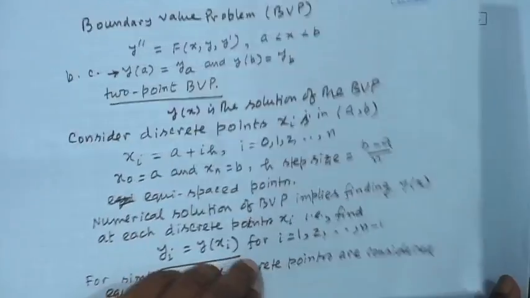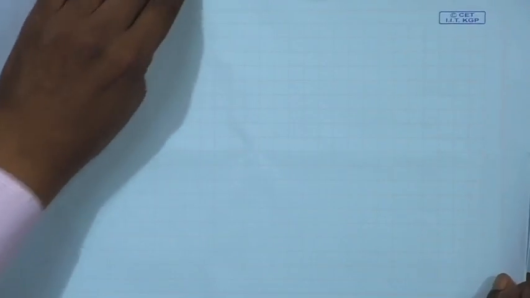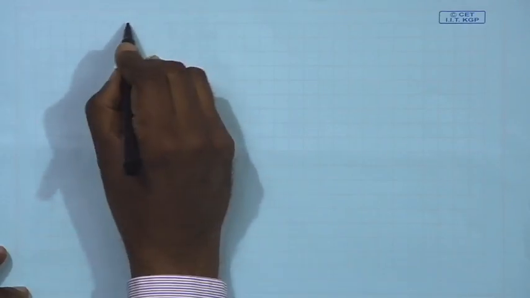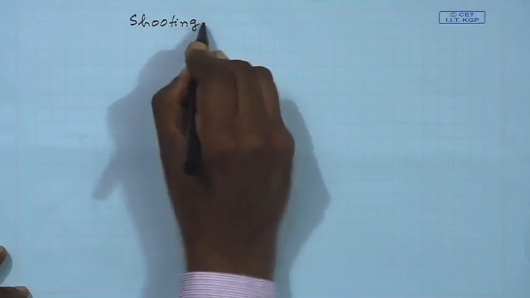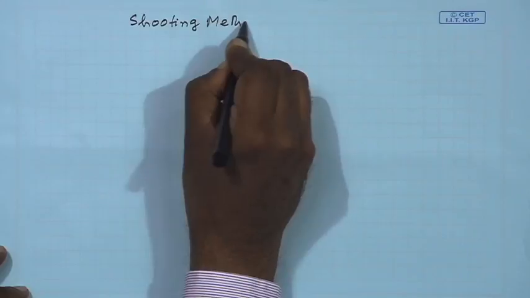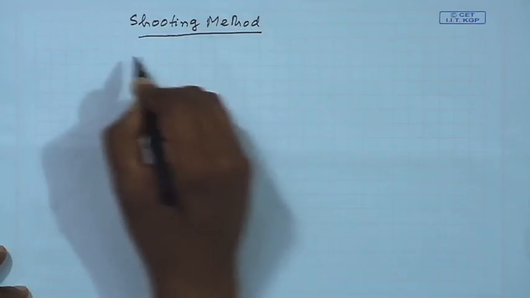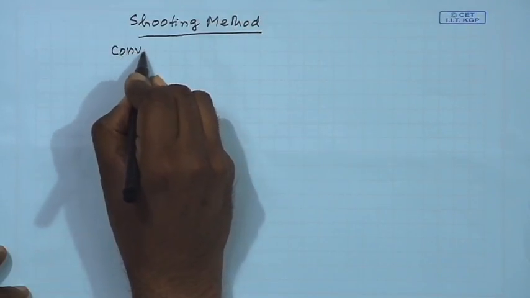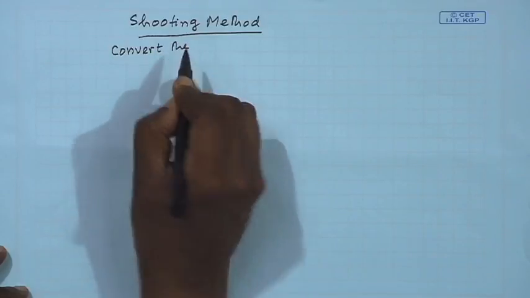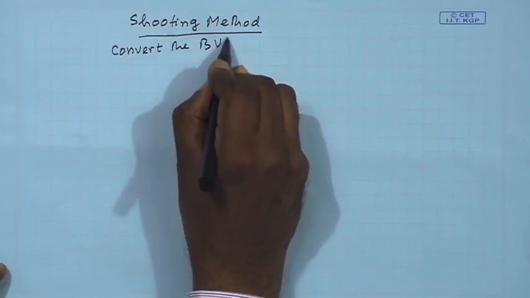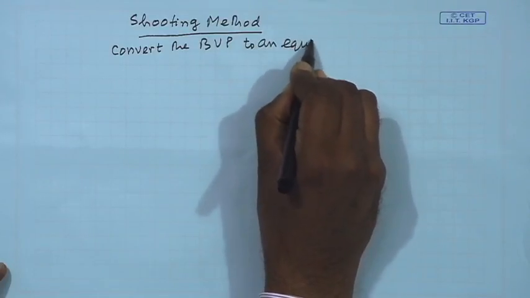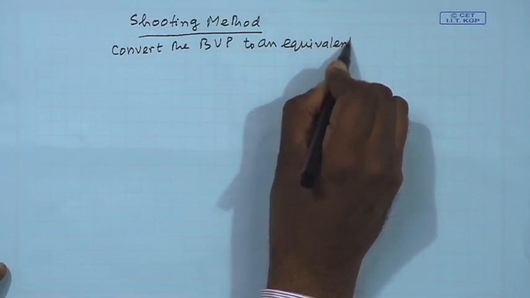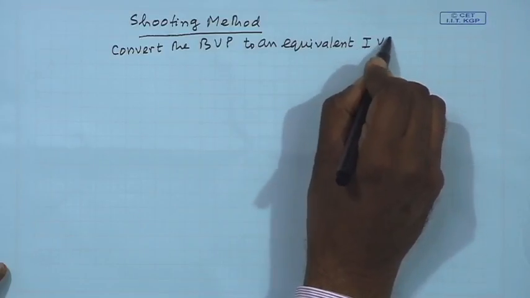Now, one of the methods is a very simple one, which is referred to as the shooting method. In the shooting method, what I do is convert the BVP to an equivalent IVP.